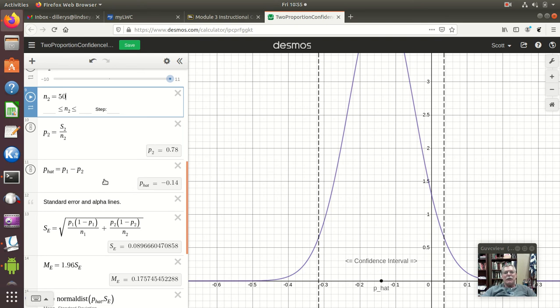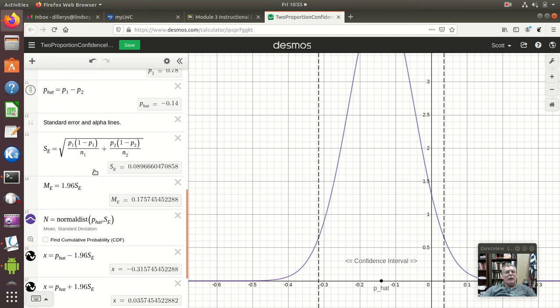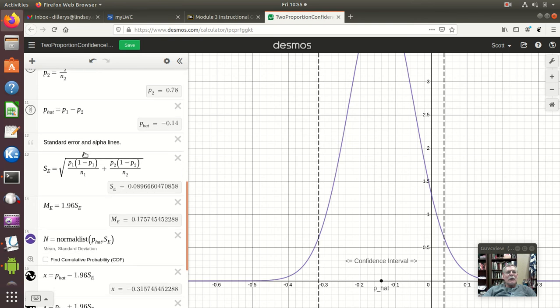So there's the center of our confidence interval. And then here, notice it's doing the standard error. Oh, okay. Well, according to this, it is not using the pooled estimate in this case. I thought it did. It doesn't really matter. Now, in this particular case, the pooled estimate, oh yeah, it wouldn't be the same.